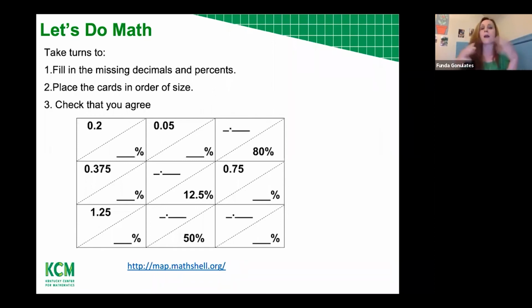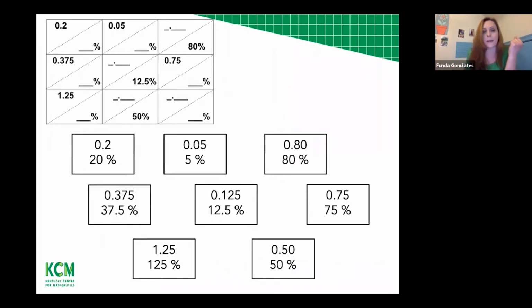In this one, these are cards for percents and decimals, and students fill in the blanks and then put the cards in order. Once they put the cards in order, this is how we complete. We write the equivalencies. If we have a decimal, we write the percent. And then this empty card is for missing cards. We will have some missing cards.